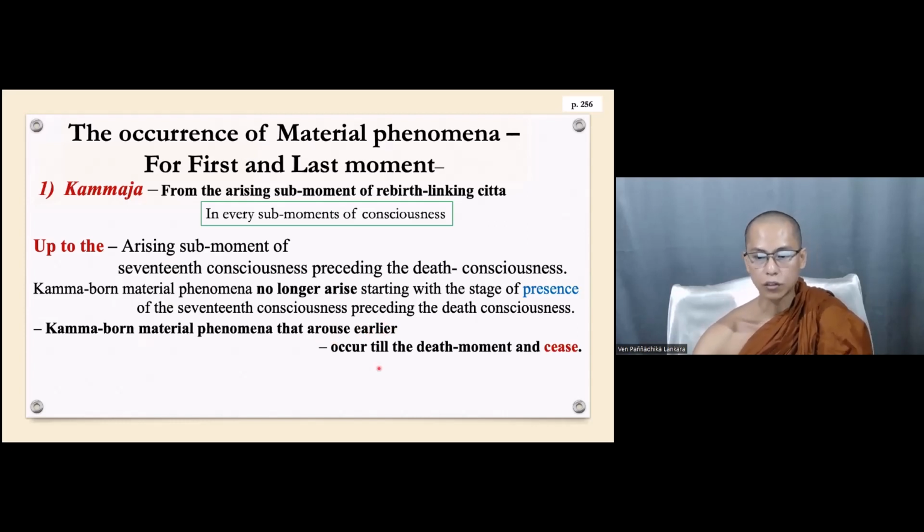They occur till the death moment, and at the dissolution moment of the death consciousness, they cease together.